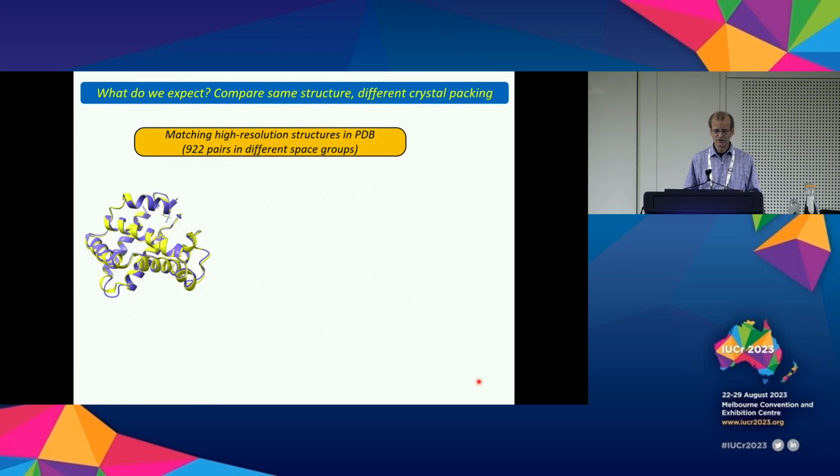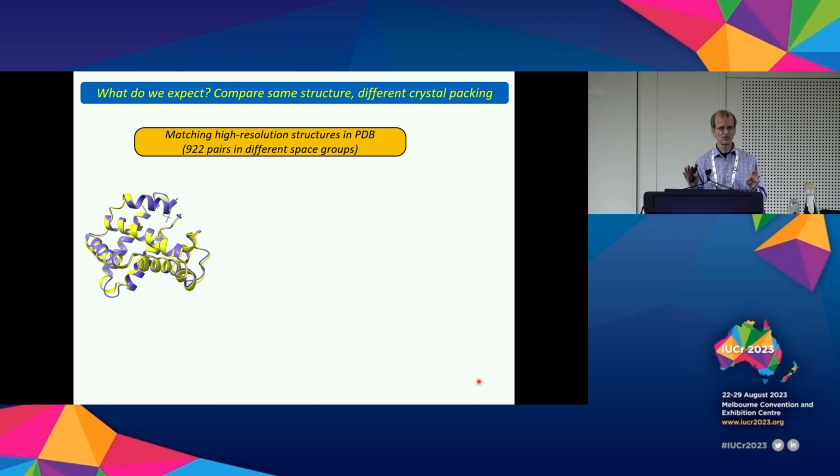And then finally, we're going to compare these high-resolution structures. We found 922 pairs of structures in the PDB that are unique and have exactly the same components. That is to say, if they have a ligand, they have the same ligands, the same proteins, the same chains, the same number of chains, all that kind of stuff.